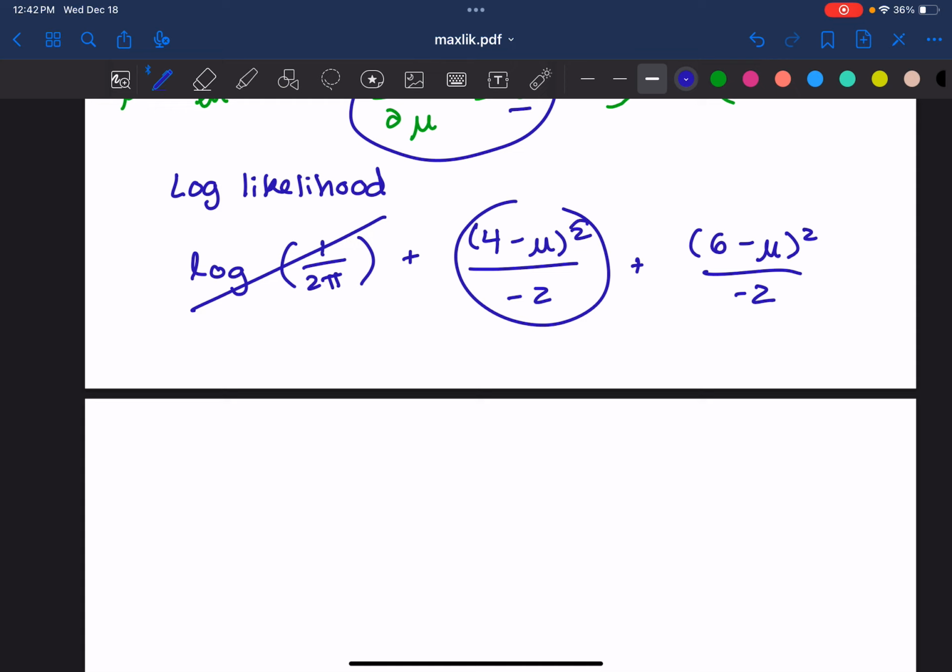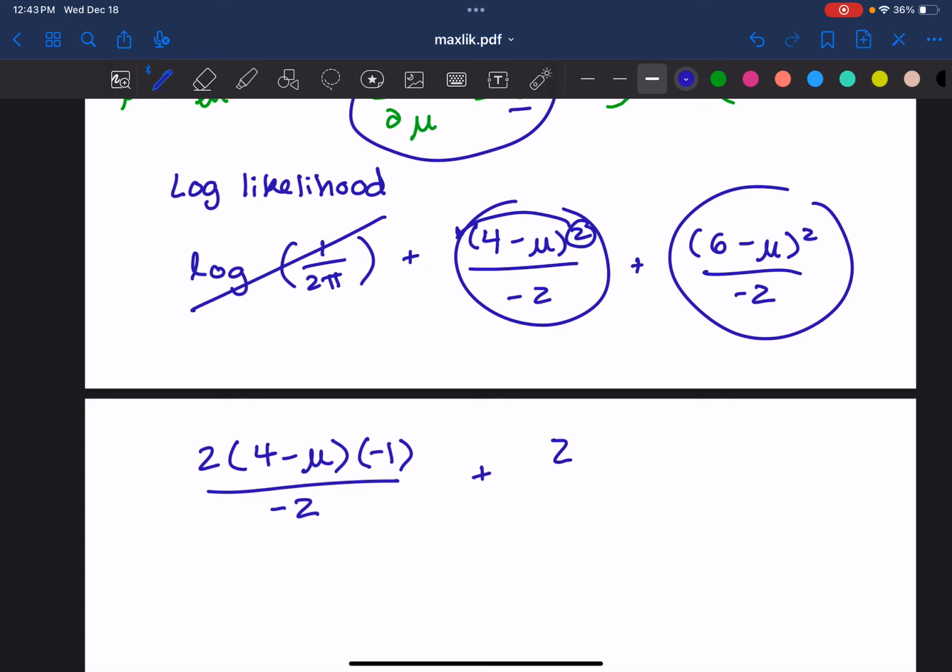So this 2 goes out to the front for the power rule. So I get 2 times 4 minus mu, and then to the 1, since I decrement the exponent by 1. And then I use the chain rule. Mu is multiplied by a negative 1, so that negative 1 comes out here, divided by negative 2. And then the same thing for this term: 2 times 6 minus mu to the 1, times negative 1 over negative 2. The 2's cancel here.